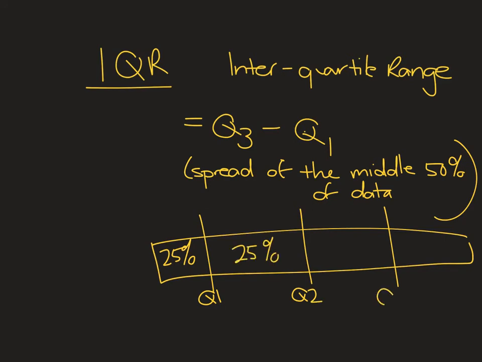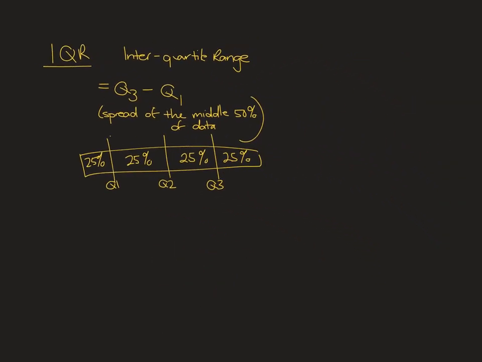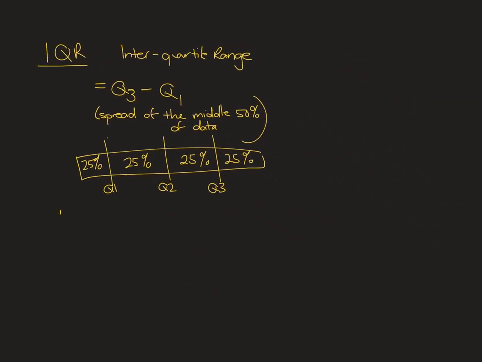That's Q3, another 25%. And above Q3 is another 25%. So therefore, between Q1 and Q3, we have 50% of data, and that's what the interquartile range is. You should remember that the range itself of a data set is the maximum take the minimum. All right, write that one down.